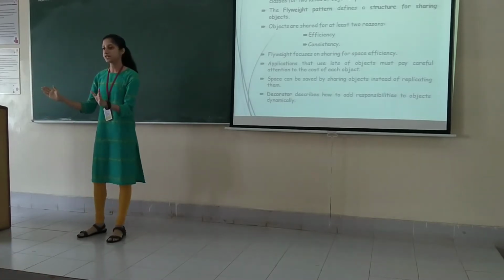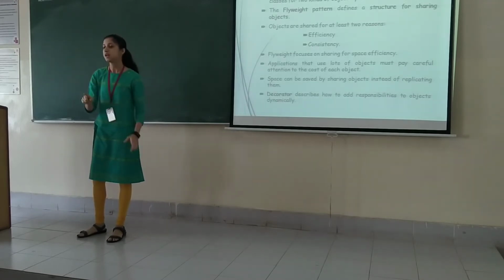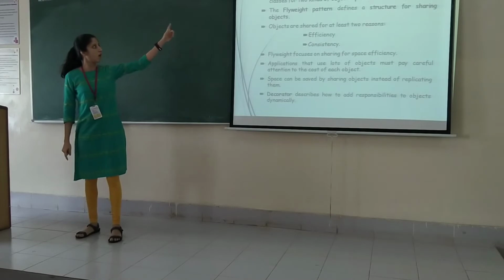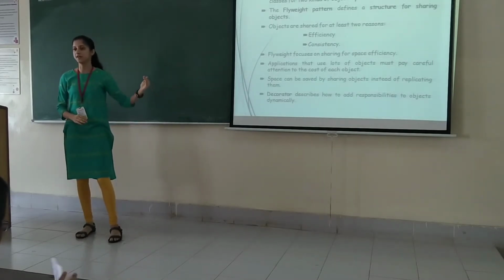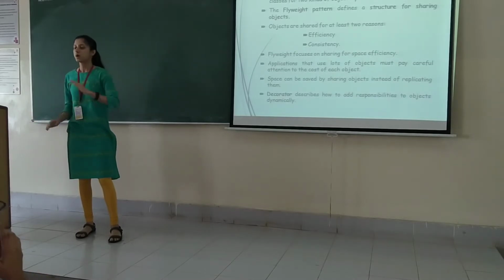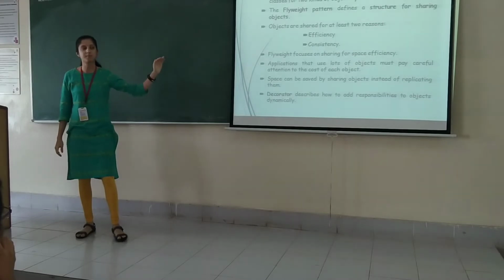These two kinds of objects reside in a class, and the hierarchy of that class is given by the structural object pattern. This pattern comes under the structural pattern itself. It is not a particular type, but a type within the structural pattern.